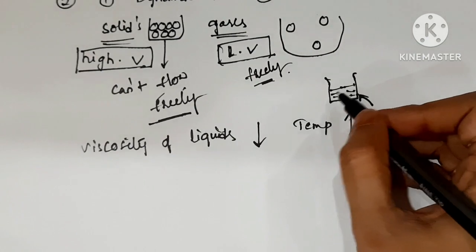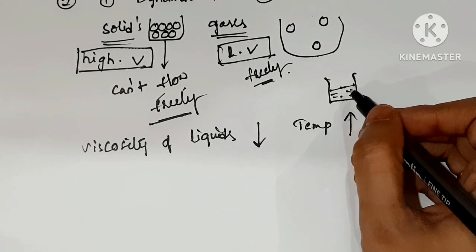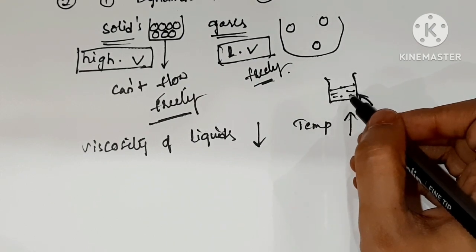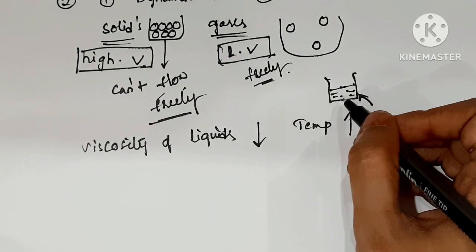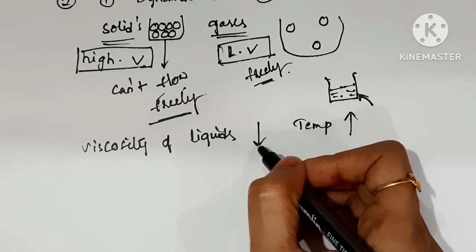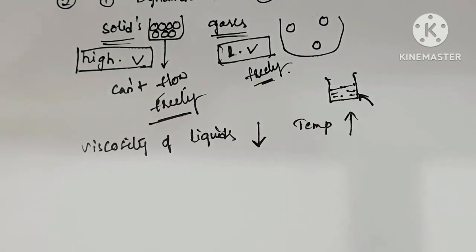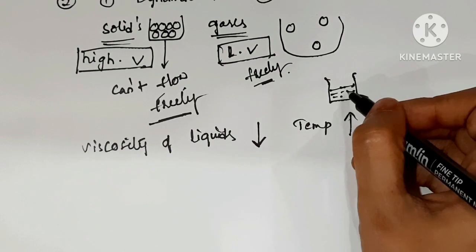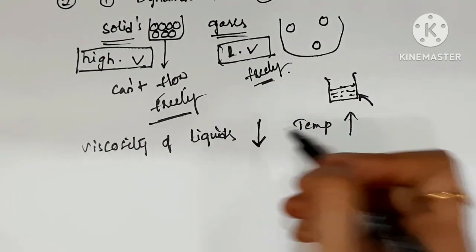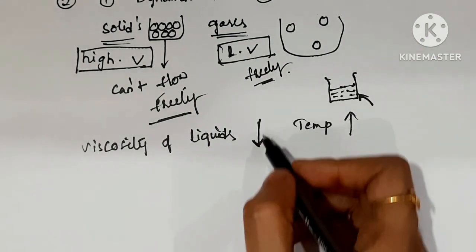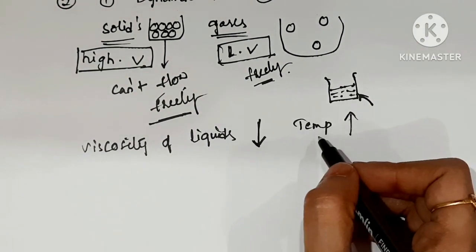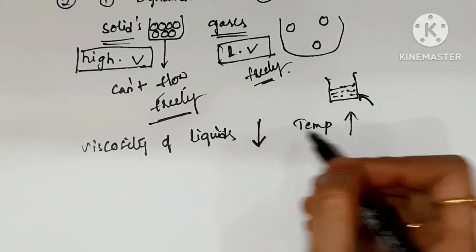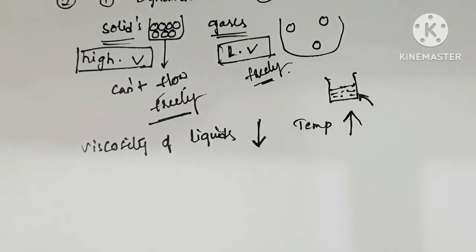The molecules present in the liquid state move very fast. That means the viscosity of liquids decreases. The molecules flow very fast, so viscosity decreases. That means viscosity decreases when temperature increases.